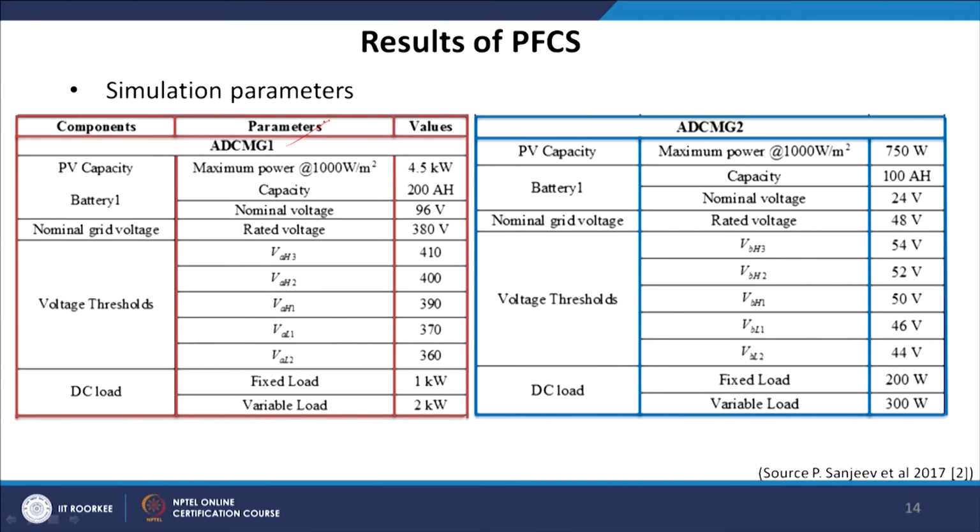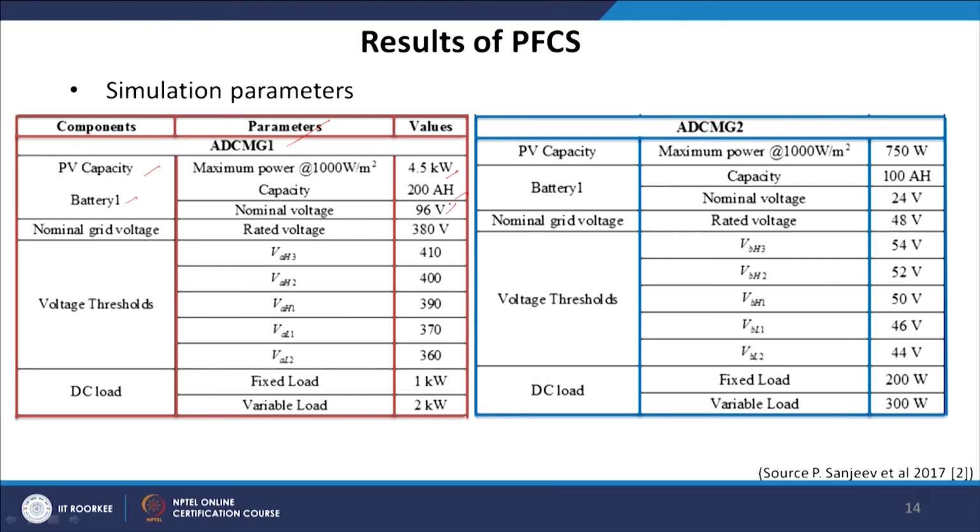Now, two microgrids have been considered here, and we will see the ratings considered before simulation. First of all, let us consider autonomous DC microgrid 1, where we consider a PV capacity of 4.5 kilowatt, and a battery of capacity 200 ampere hour with a nominal voltage of 96 volt.